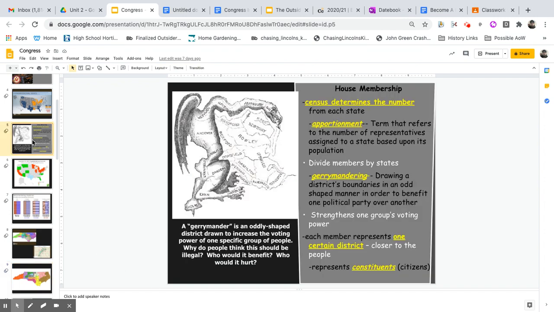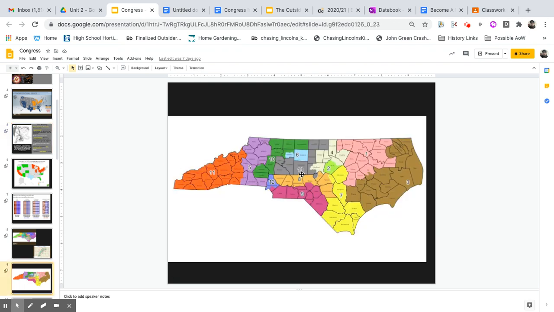So going back to the rest of this, now that we hopefully have a hold on what gerrymandering is, I just want to make it clear that each member represents one district of Congress. So if you are the person that represents the 13th district, you represent the people that live here in gray.